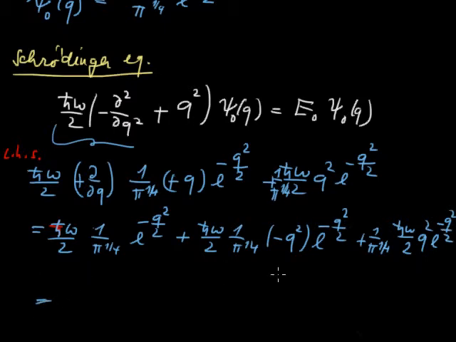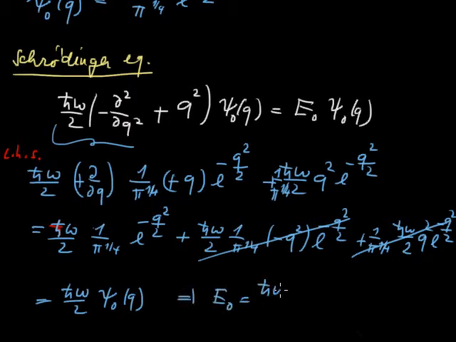Now I can see that I have minus q squared here plus q squared. This goes away, and I'm getting just h bar omega multiplied by psi 0 of q. So that gives me also that E0 is h bar omega divided by 2, which is correct.